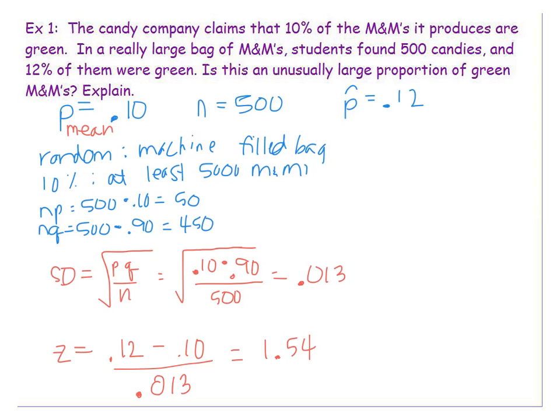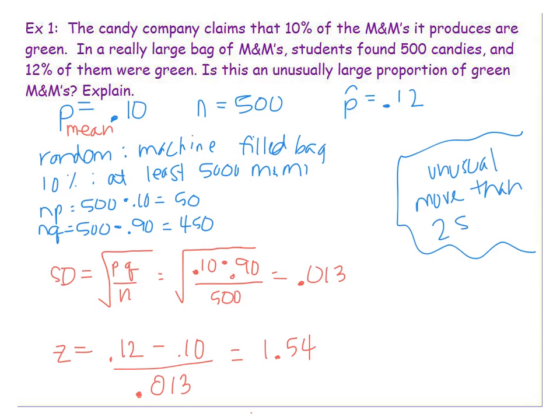Well, here's the nice thing. We don't have to use our blue sheet for this. We talked about this, and it's been a long time. There was a cutoff for z-scores that made them unusual. And this was a general rule, and we'll jot it down again. I'll jot it down off to the side here. To be unusual, it has to be more than 2 standard deviations away.